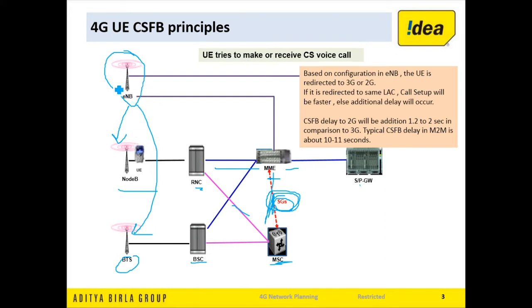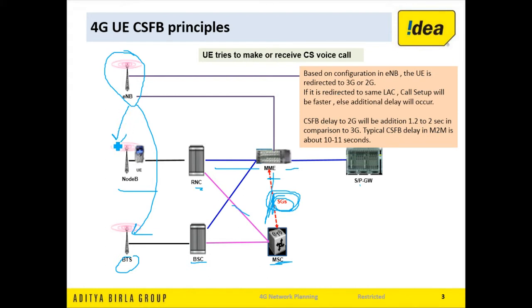Now it makes sense that since the UE had first registered, when it was powering up, into 4G and one of the 3G or 2G layer LACs, the fallback from 4G should also be to the same LAC.